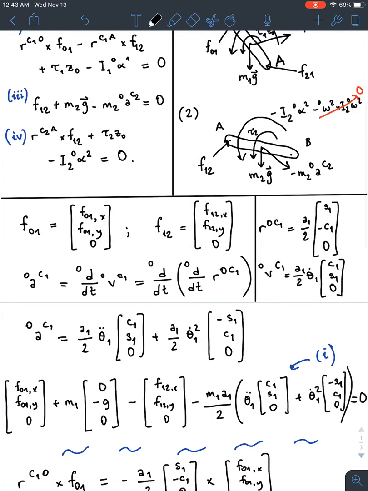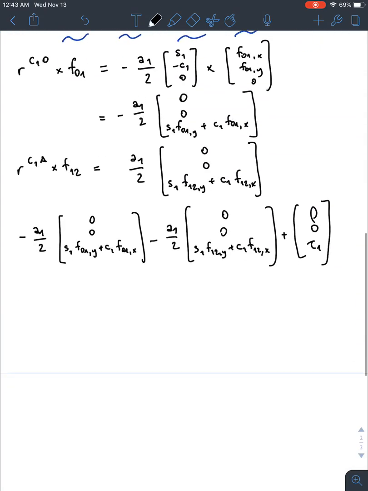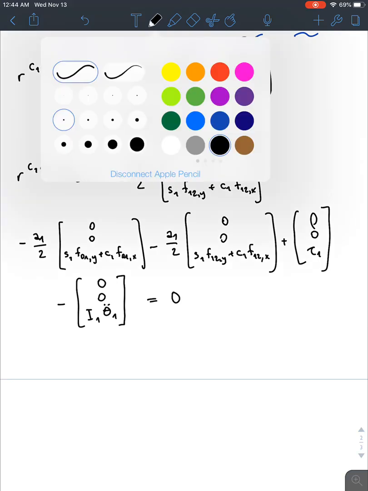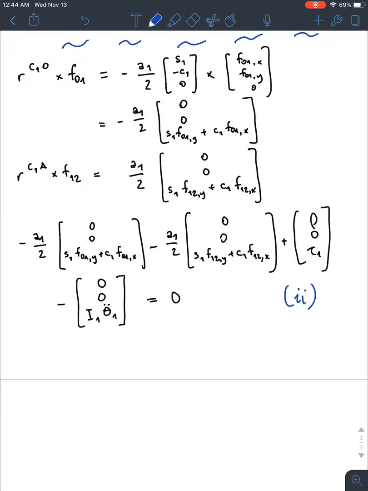And then finally, the inertial torque, which reads minus (0, 0, the scalar I1 times the angular acceleration, theta 1 double dot). This is in the z0 direction, you see. And all this equals 0. And this here is the second equation in coordinates.